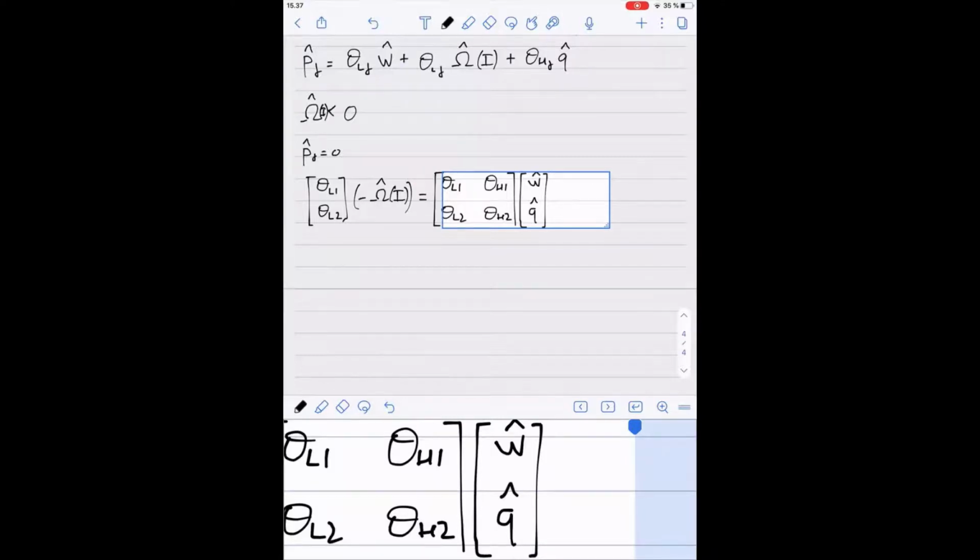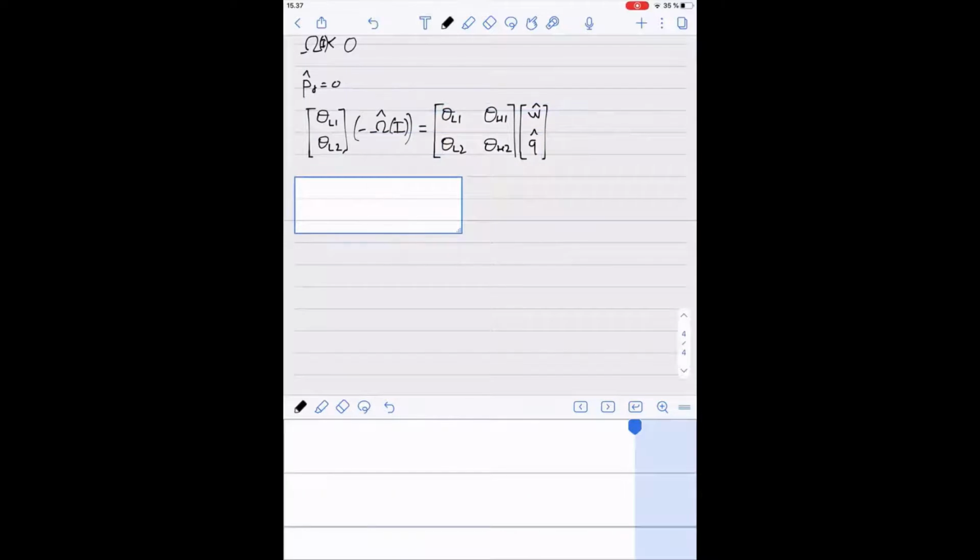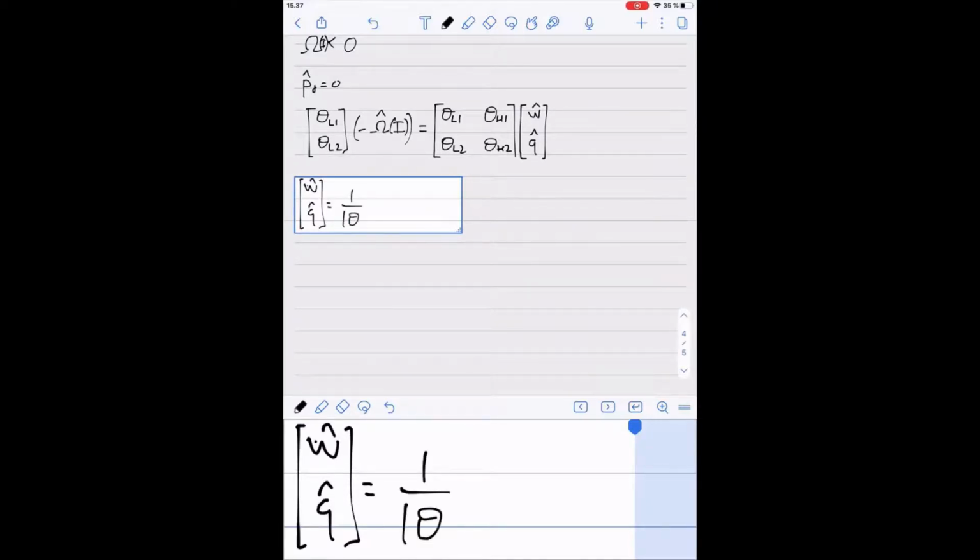All right, so we can invert the system. And if we invert the system, what do we obtain? Well, we obtain that W hat, Q hat equals 1 over the determinant of the matrix.